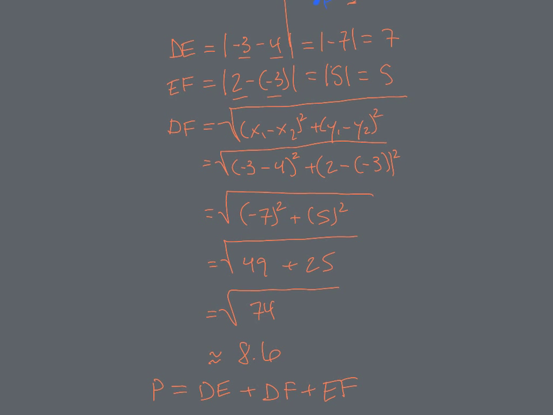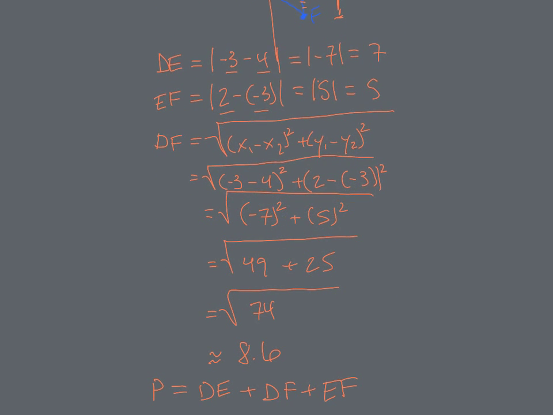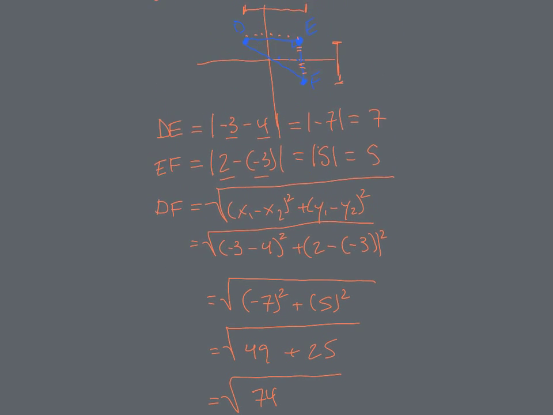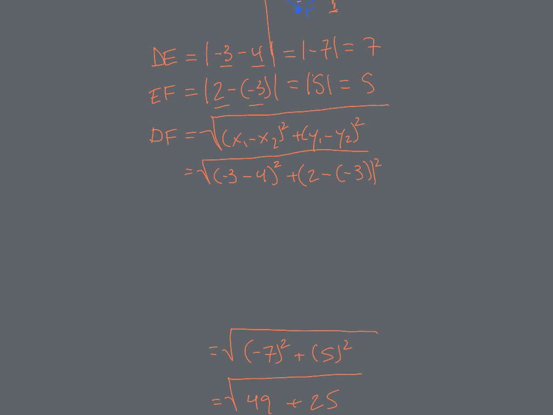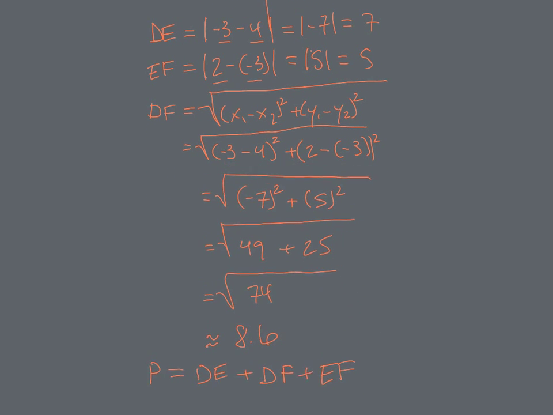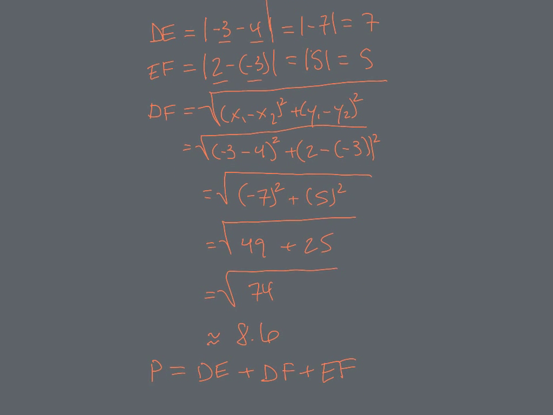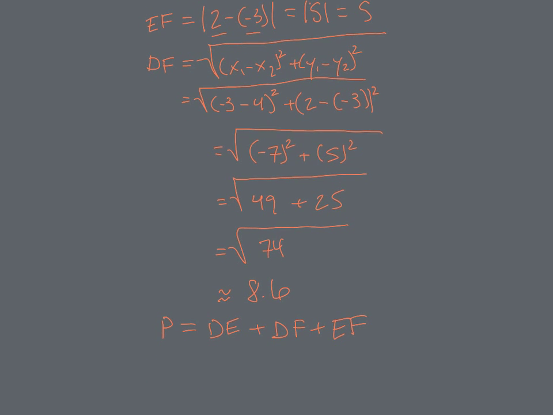If we go back up here to the top, DE was 7 and EF was 5, and DF, we just calculated, was 8.6.